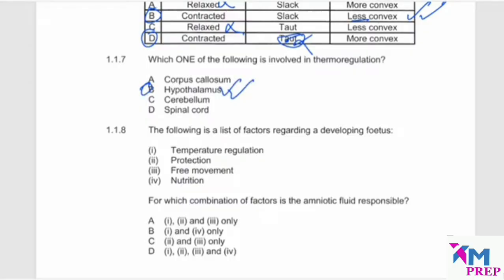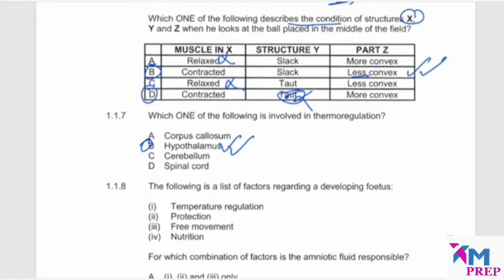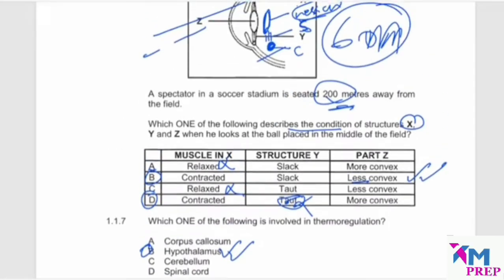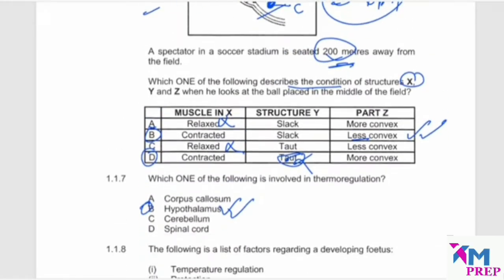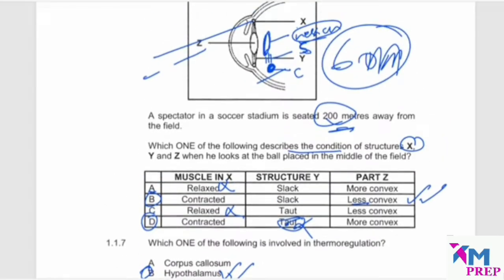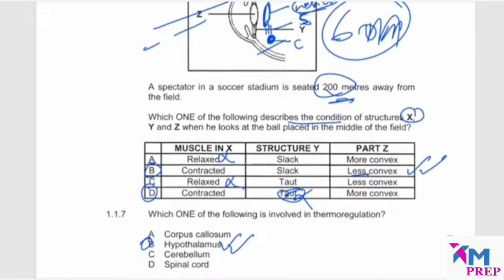Sir, someone saying not C. Which one are you talking about? C. They are saying it can't be C because the ciliary muscles must contract and the suspensor ligament must slacken.